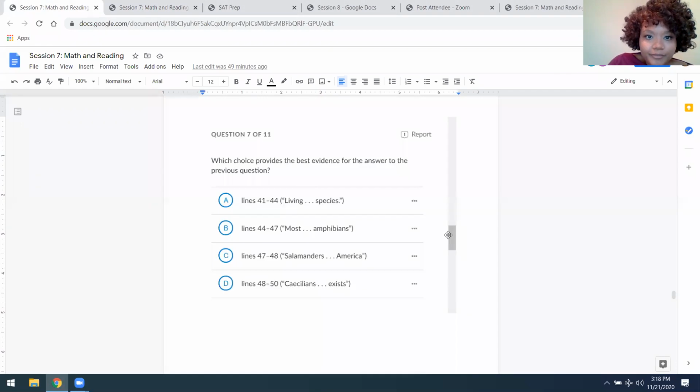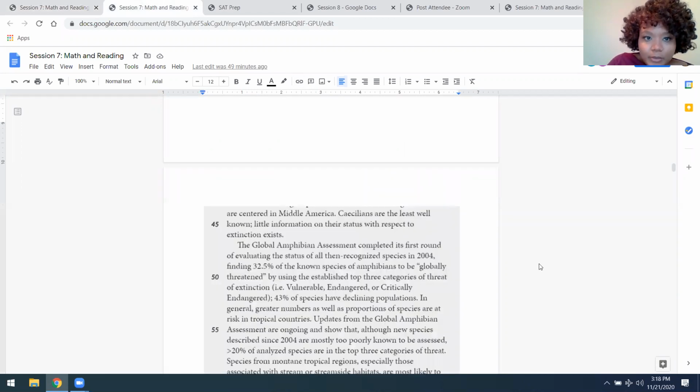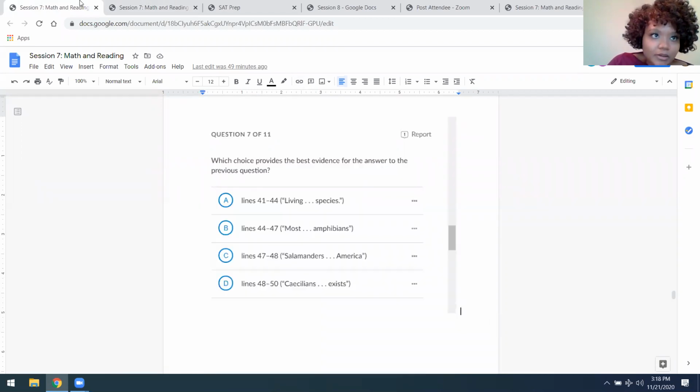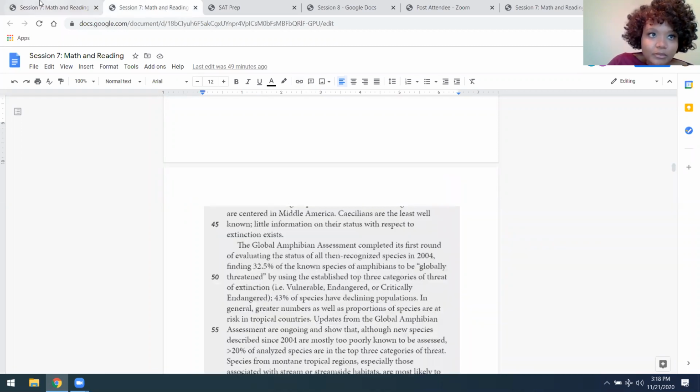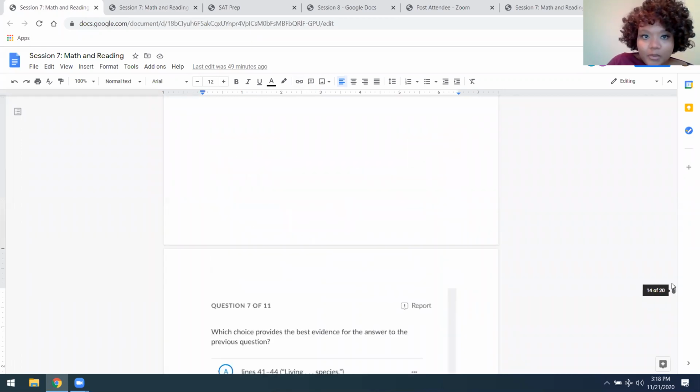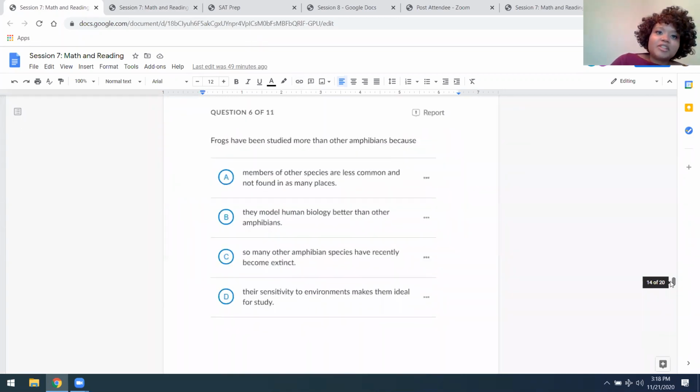Let's say B. Okay, let's look at what B says. 44 through 47. Let me go back up. So we're seeing the evidence for this. Frogs have been studied more than other amphibians because, our answer choice is A, members of other species are less common and not found in as many places.